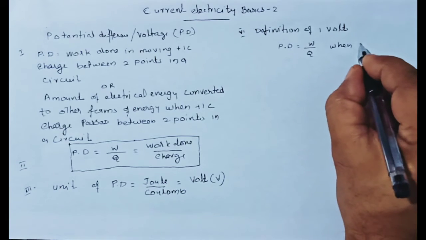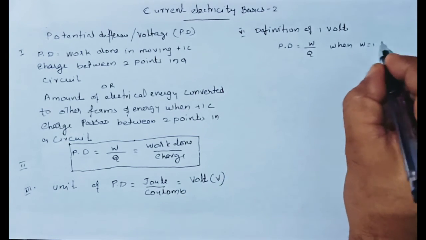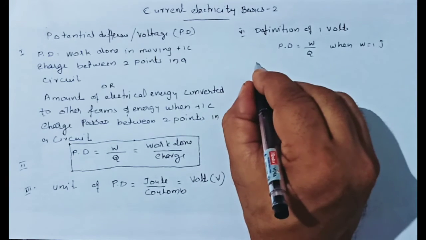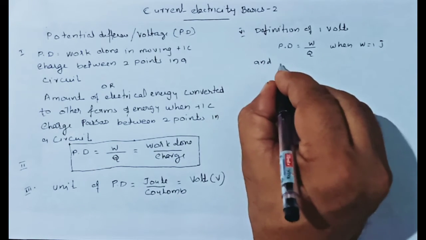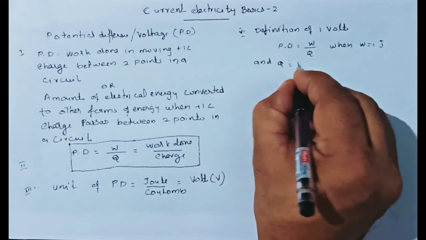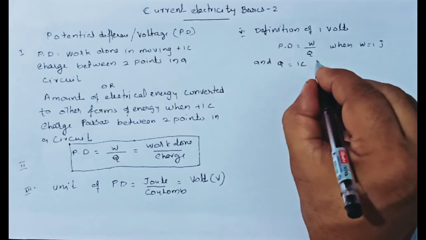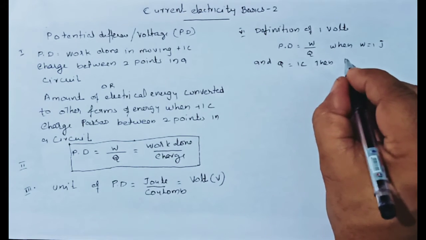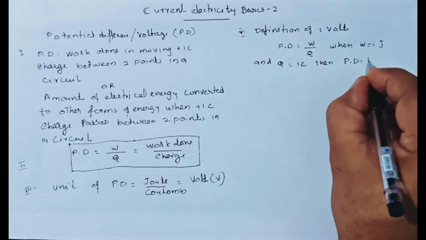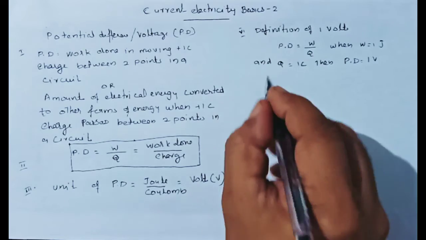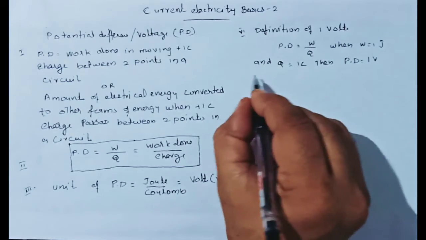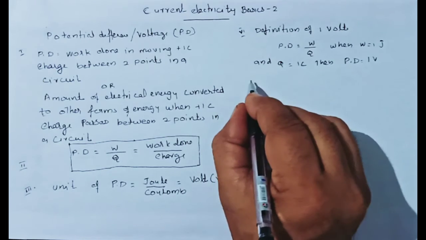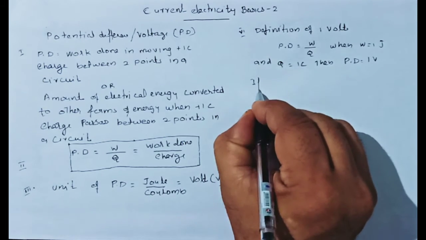Then potential difference is 1 volt. It means that when 1 coulomb charge passes between 2 points in a circuit, if 1 joule of energy is converted from electrical energy to other forms of energy, then the potential difference between those 2 points is 1 volt.